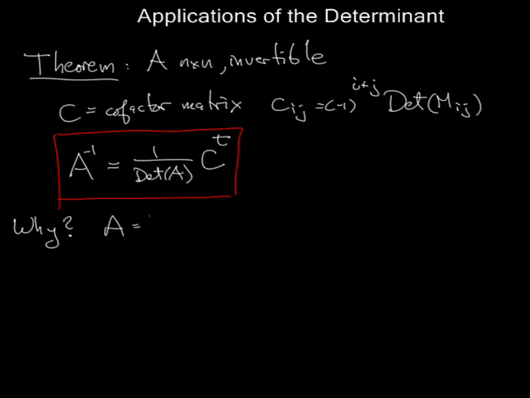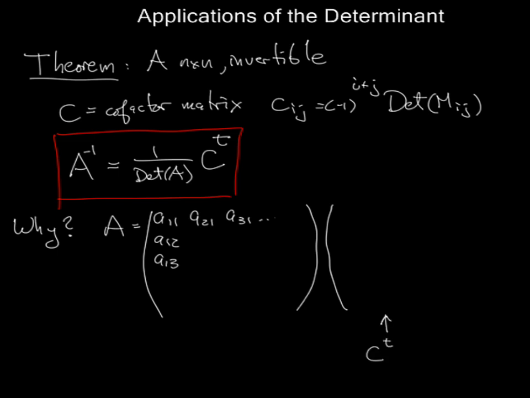It can't be hard. It's just some silly formula. Let's see. So let's write out the matrix A, a few of the entries like this, and let's multiply it by the transpose of the cofactor matrix. And let's just look at the first entry that you get. So let's write down the first column of the transpose matrix. That looks like this.